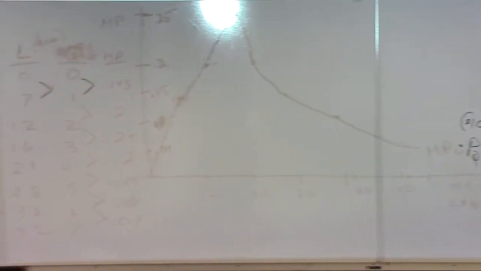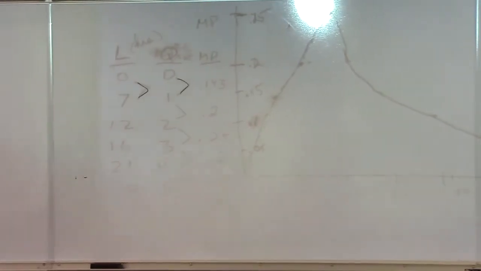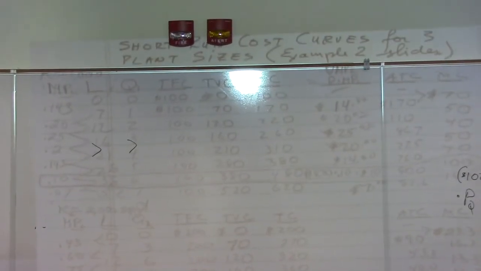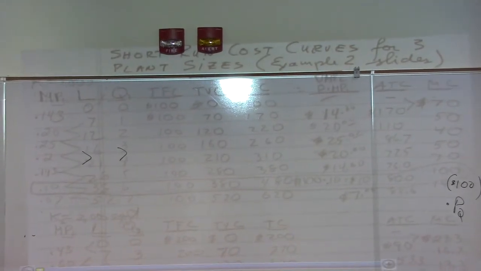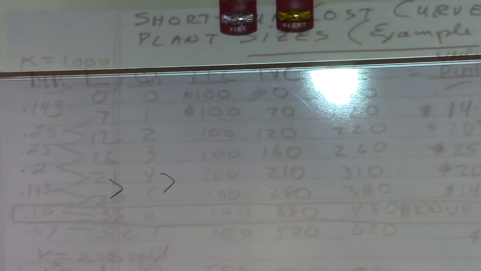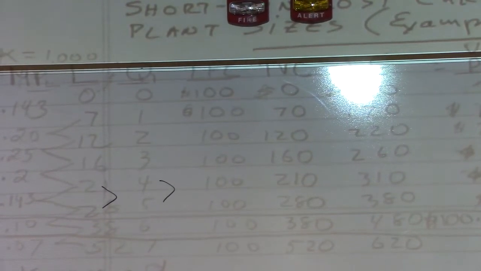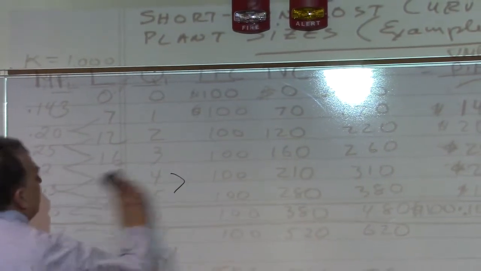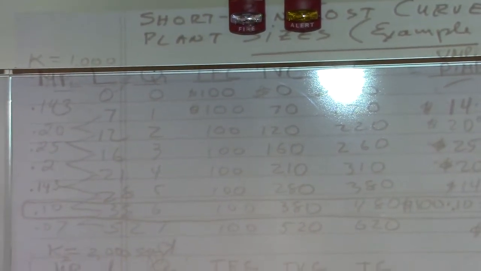For that, let's go back through the data when we calculated the cost curves. And we're going to focus only on that top table right up there. Hopefully it'll come out. If it doesn't come out clearly, remember to refer to the notes that I gave you for chapter 13, the handout.